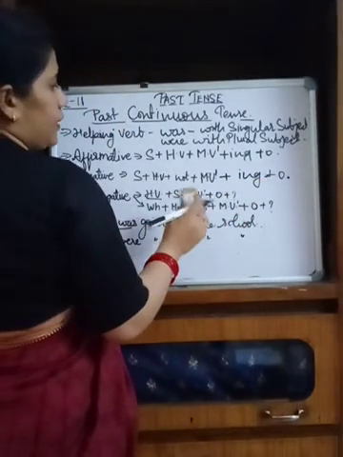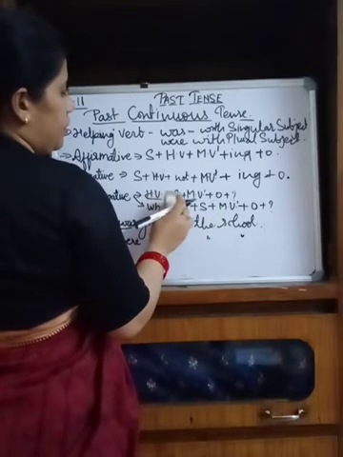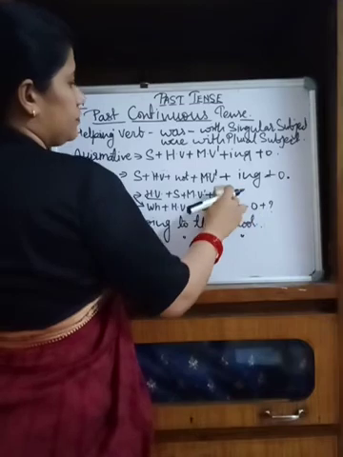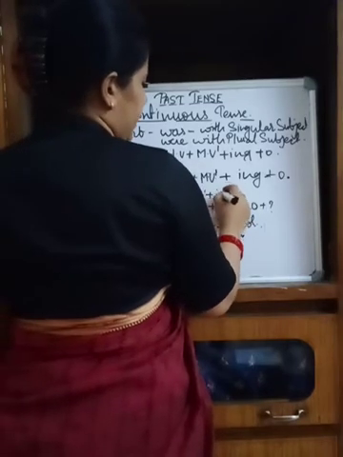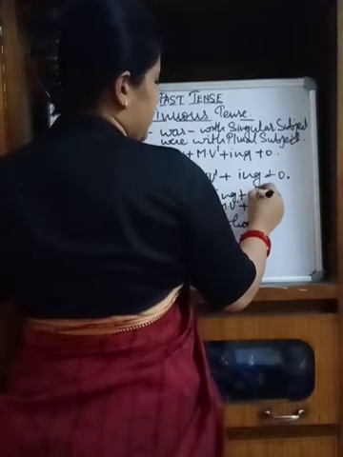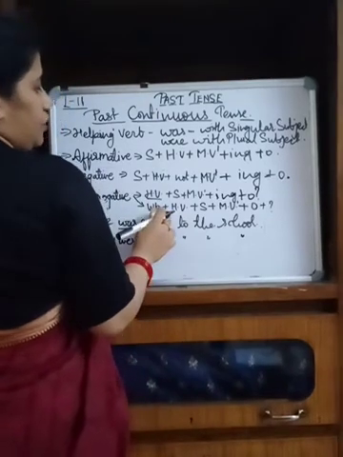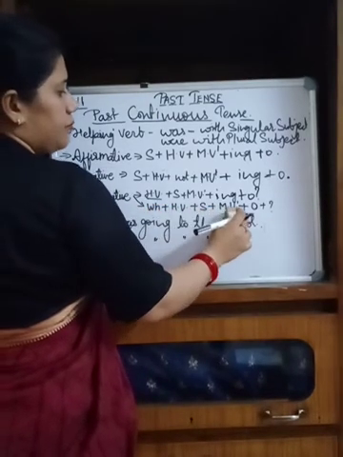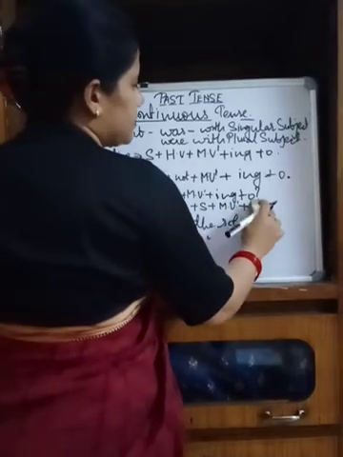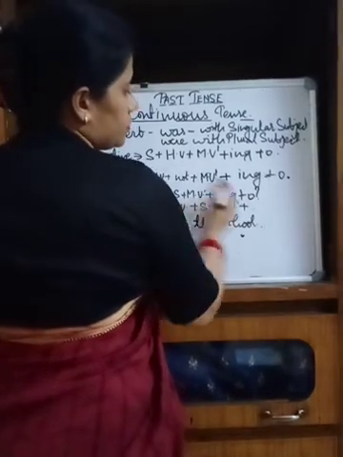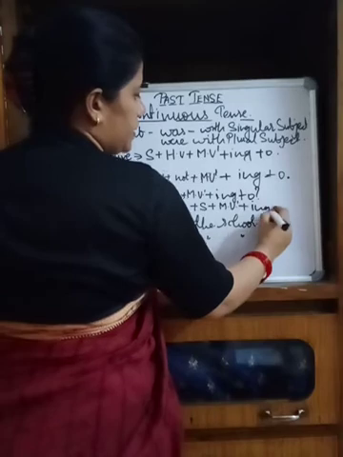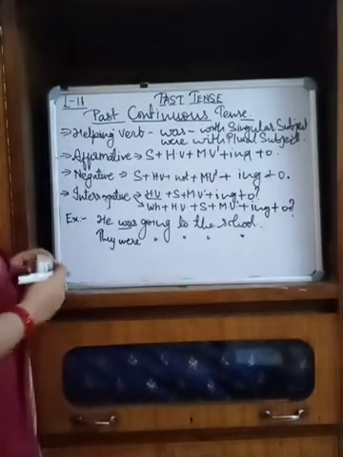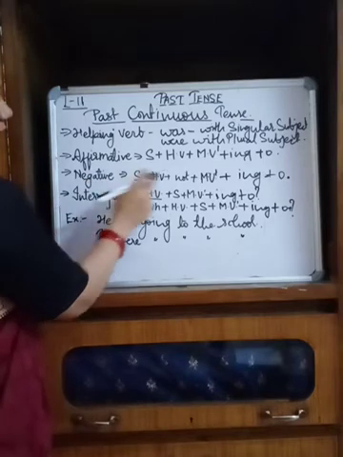For the interrogative sentences, helping verb plus subject plus main verb plus ing form plus object and put the question mark. For the WH word, helping verb, subject, main verb first form plus ing form plus object and put the question mark. That's it.